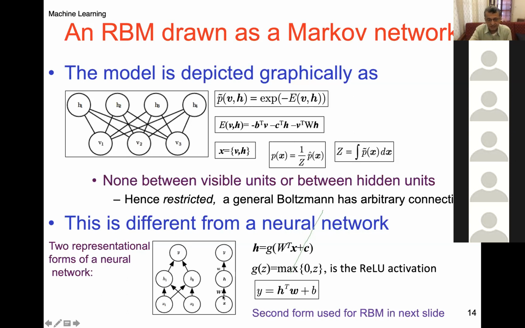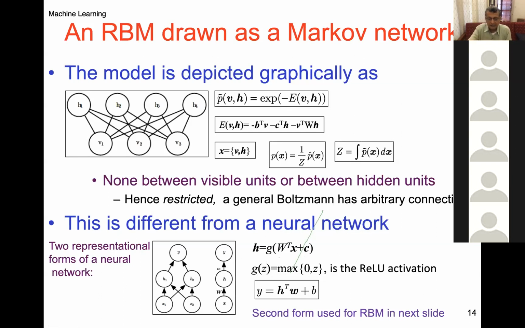We go from X's to H's. There's a W here which is playing the role of multiplying all of these. It's got a whole bunch of Wij's as part of that W. Similarly, H to Y will have another matrix. So we're saying the H vector is given by G of W transpose X plus C. And the G function could be a ReLU, max of 0, Z. And of course, we need a whole vector out of it.